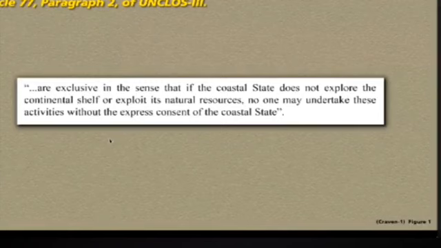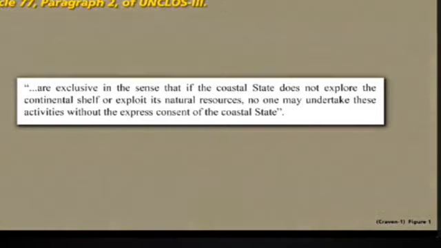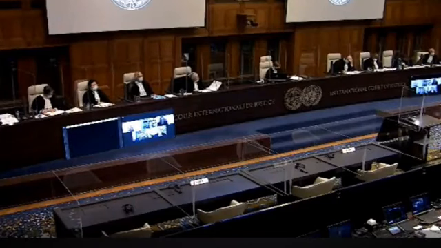In respect of the continental shelf, for example, Article 77 provides that a coastal state's rights to explore and exploit the natural resources of the continental shelf, I quote, "are exclusive in the sense that if the coastal state does not explore the continental shelf or exploit its natural resources, no one may undertake these activities without the express consent of the coastal state."